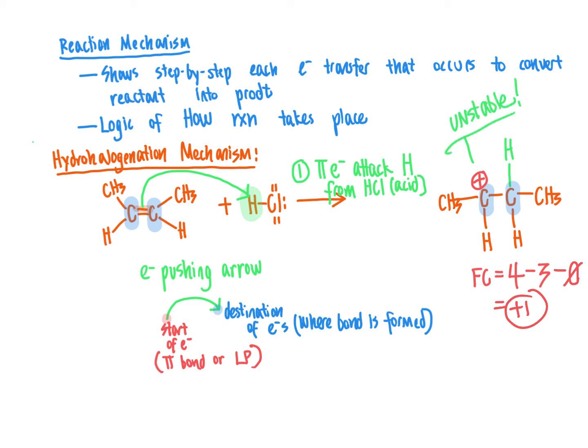And the beauty of this reaction is that in addition to generating that carbocation, a positively charged carbon, the reaction additionally generates a chloride anion. The reason why it generates a chloride anion is because this bond between hydrogen and chlorine has to break, because hydrogen can never have more than one covalent bond at a time.